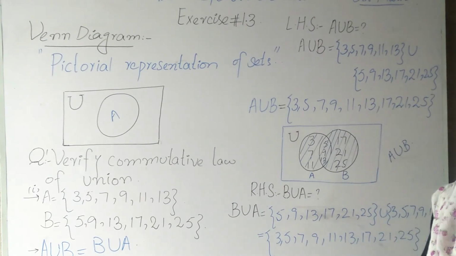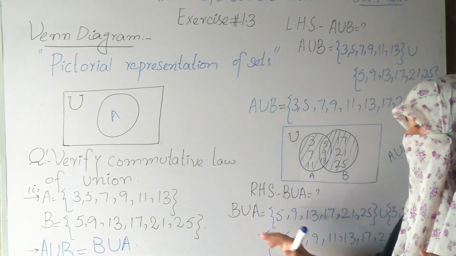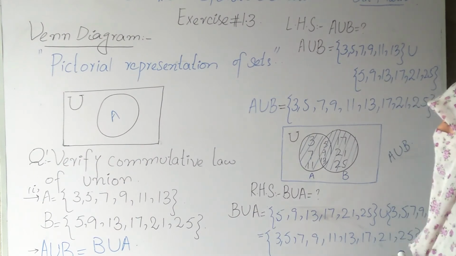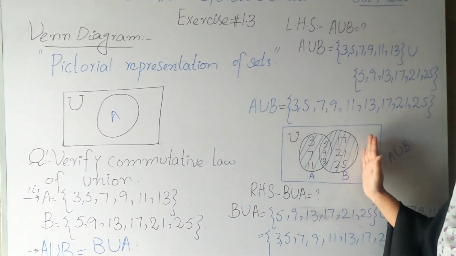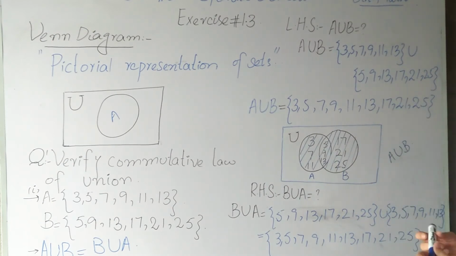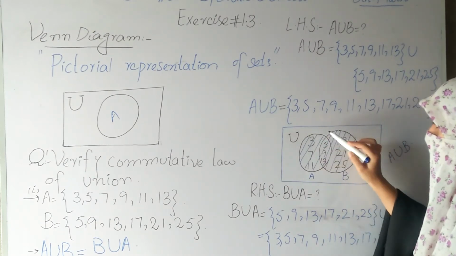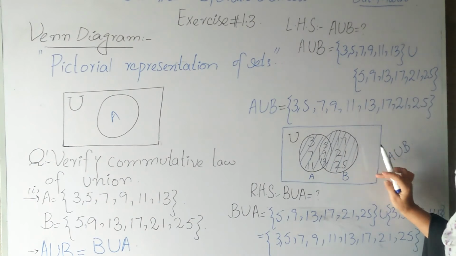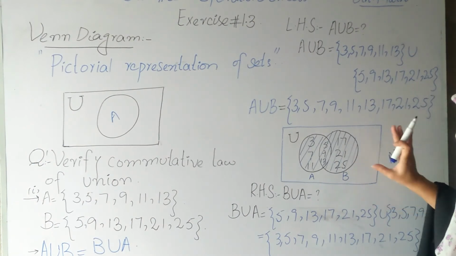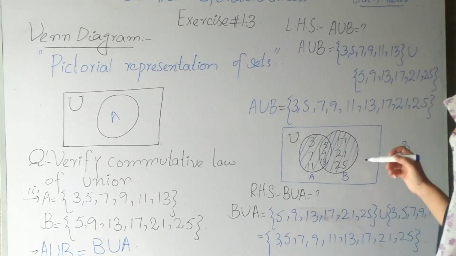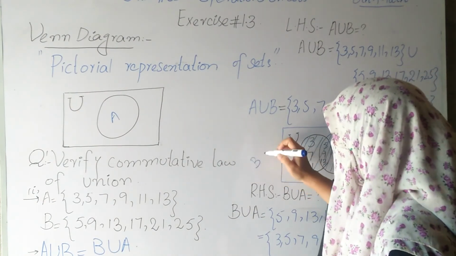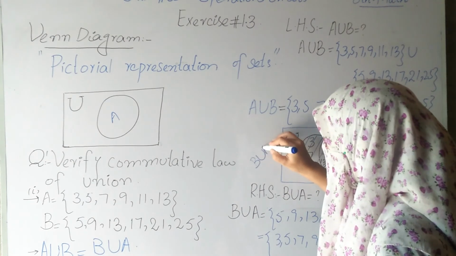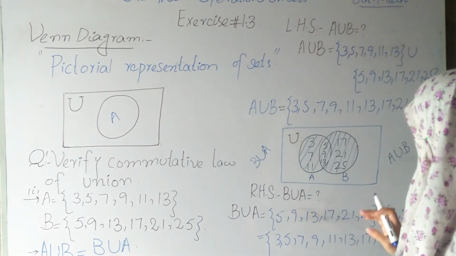Means that every element of A and B is also contained here. Every element of A and every element of B is contained in the highlighted or shaded portion. So this is also the Venn diagram of B union A.